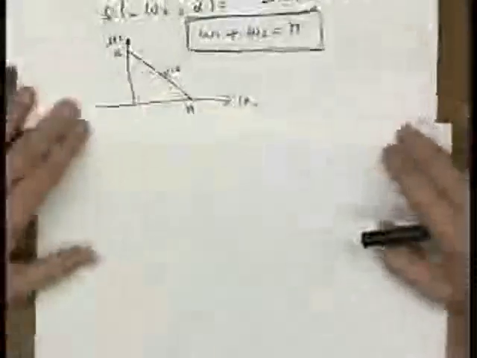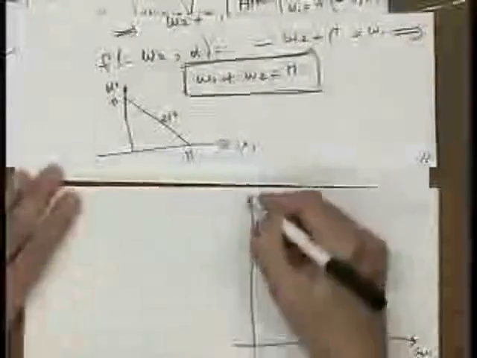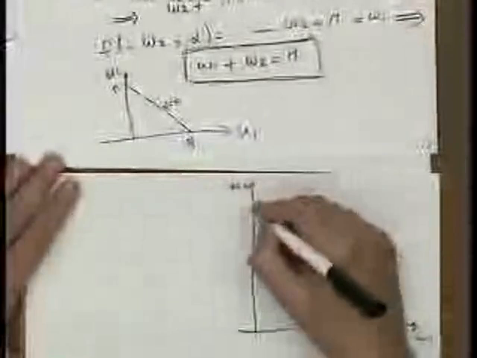Okay, so now how do these specs get translated? Let's plot that. This is our fundamental relationship, so let's start with plotting that in a nicer way. So this is omega 1, this is omega 2, and this is pi.